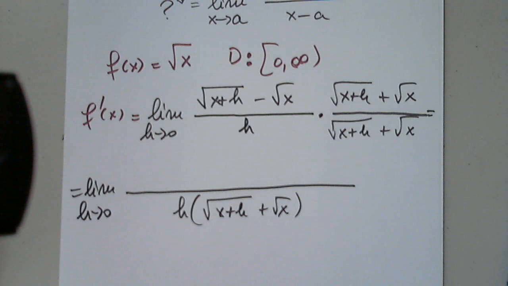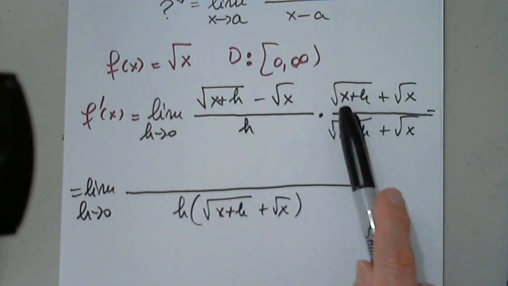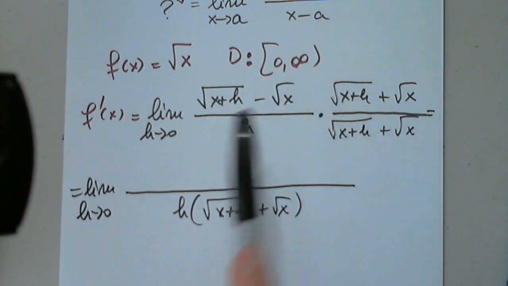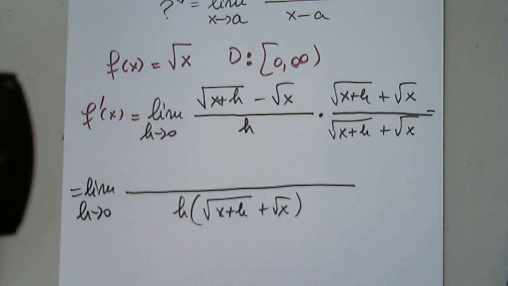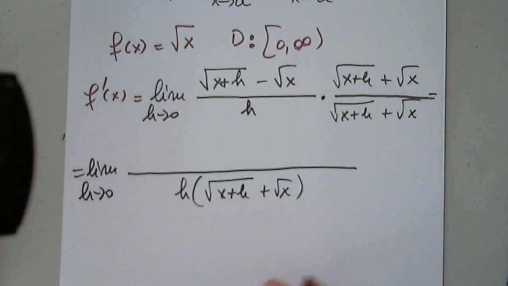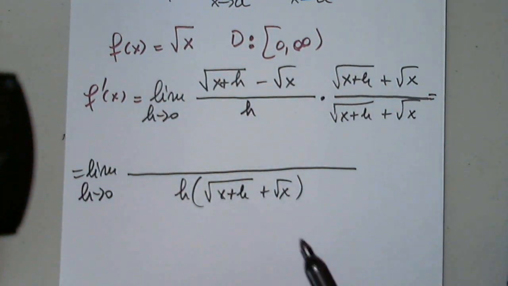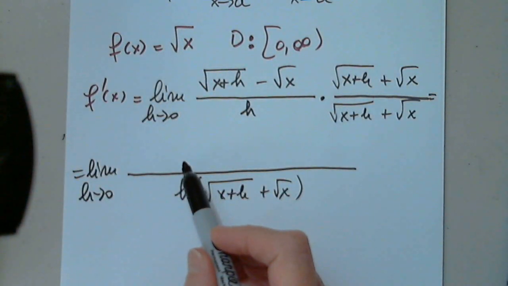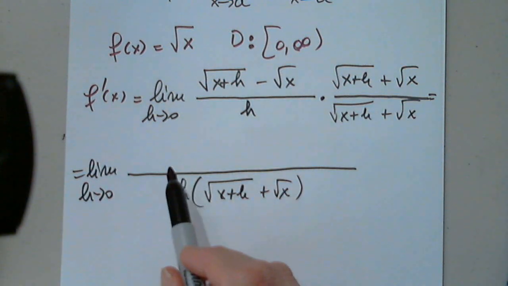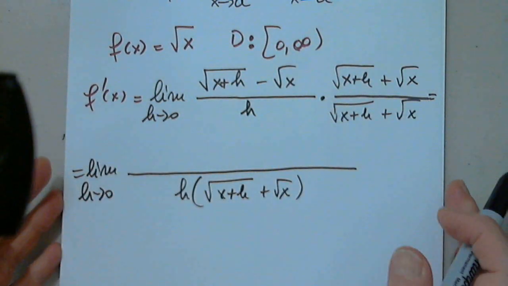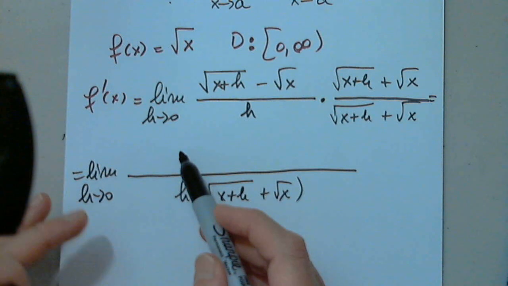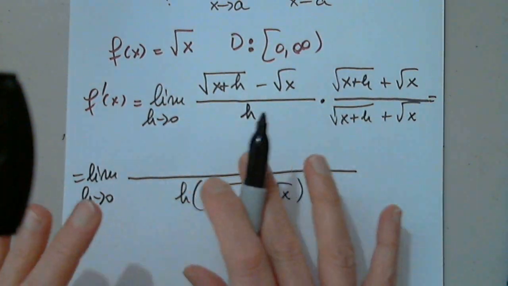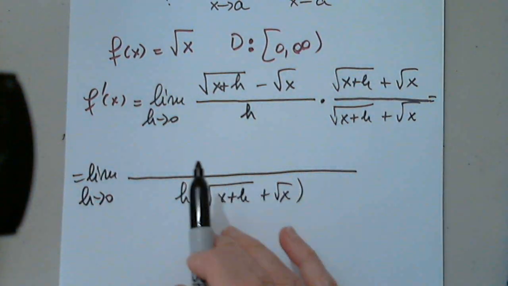There is no need to FOIL. It's (a minus b)(a plus b), which is a squared minus b squared. It's correct, but it's a waste of time to FOIL.